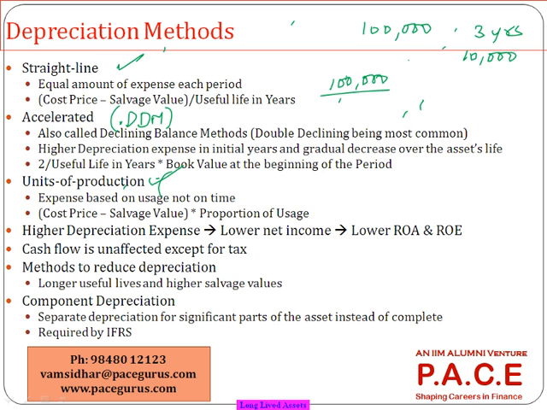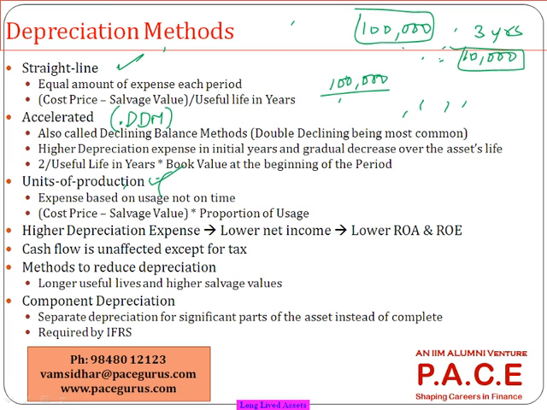If I am talking about straight line depreciation, we are spreading the depreciation uniformly over the period, right? Because I have purchased the asset at 100,000 and reasonably I am thinking that I may sell it at 10,000.